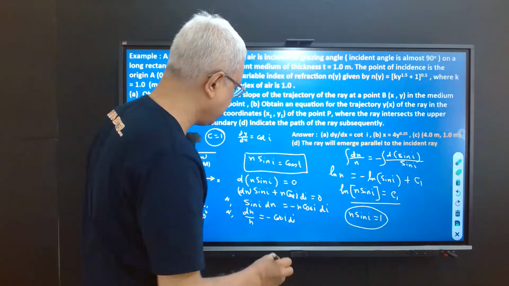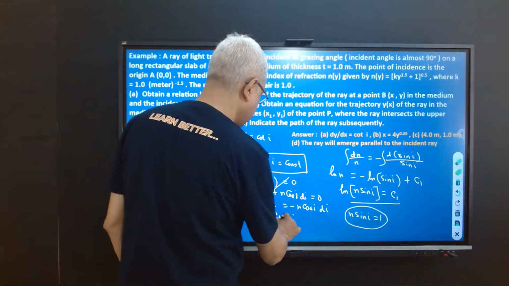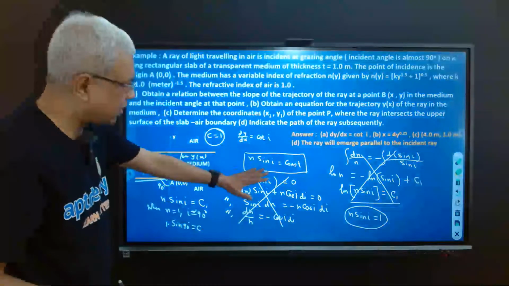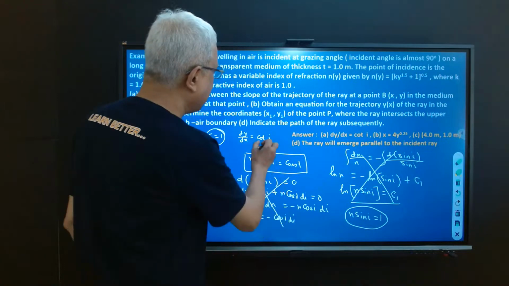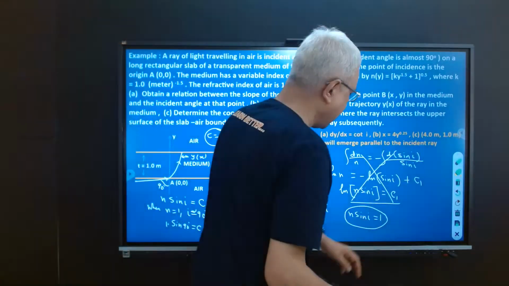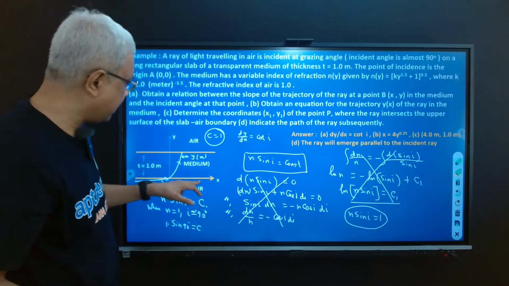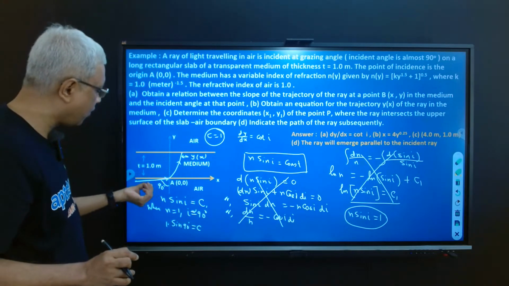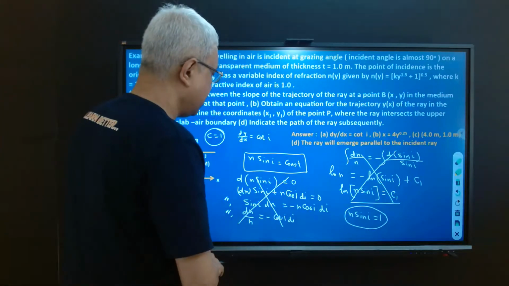This step is actually not necessary, so we can discard it. Just without integration also we can say n sin I equal to constant. The value of constant I can write as unity, because just below the slab n sin I equal to constant. If I apply n equal to 1 and I equal to almost 90 degrees, then the value of constant comes out to be unity. Okay.